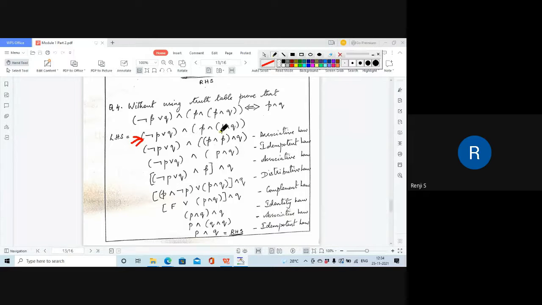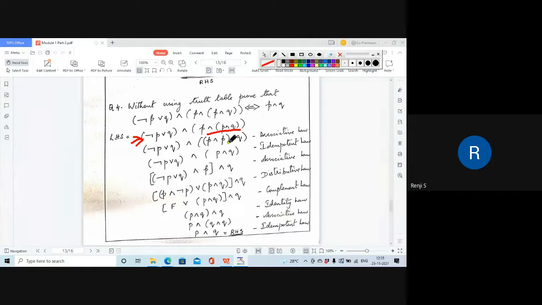So using the associative law, you can group P and P together. In the second step, the first part is left as such, and in the second part, P and (P and Q) is written as (P and P) and Q using the associative law. This bracket has been removed.